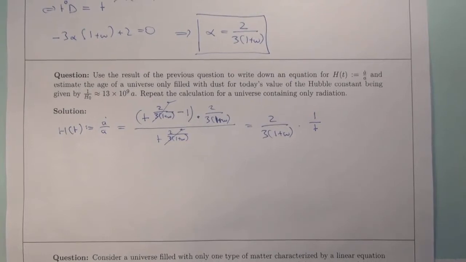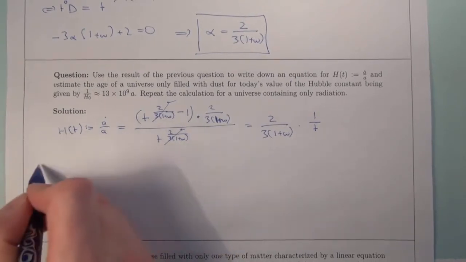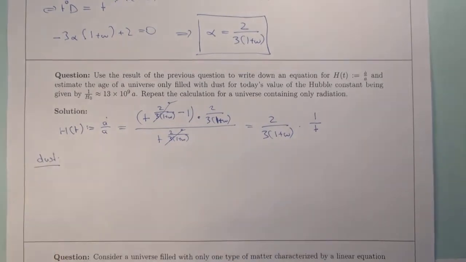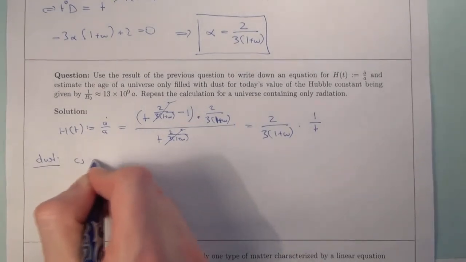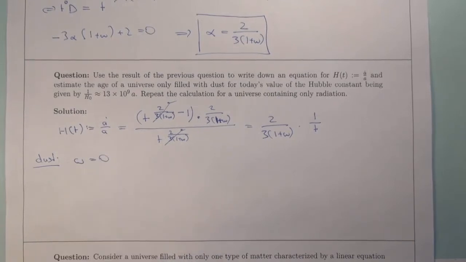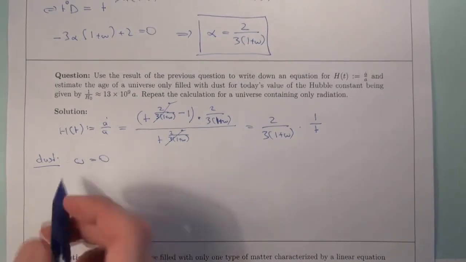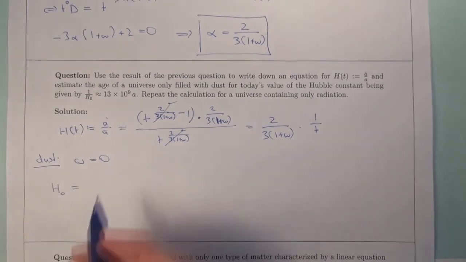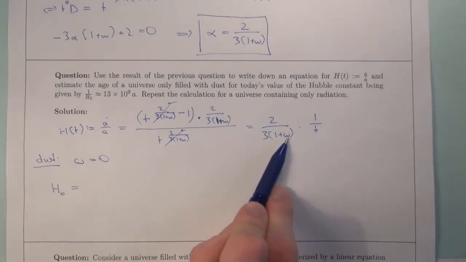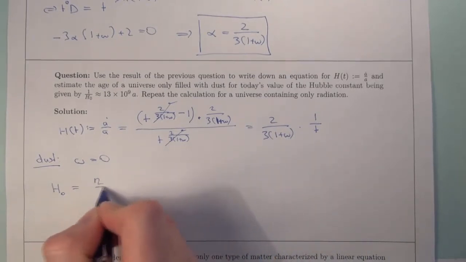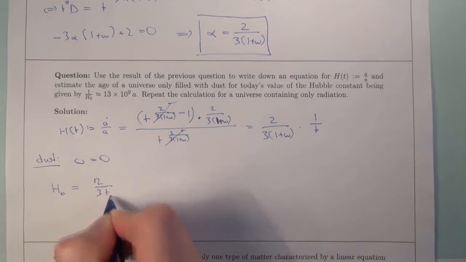Okay, and now we look at first the dust model. That means omega equals 0, equivalent to 0 pressure. So that means we have H0 equals, now we plug that in here, so that yields 2 over 3 T0.